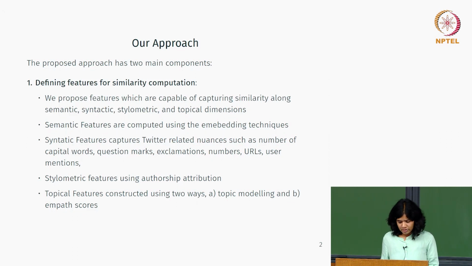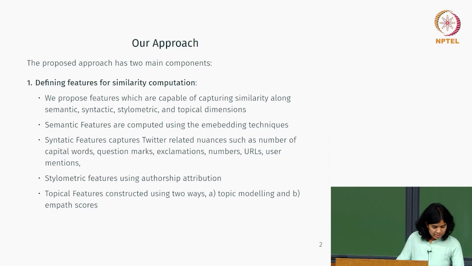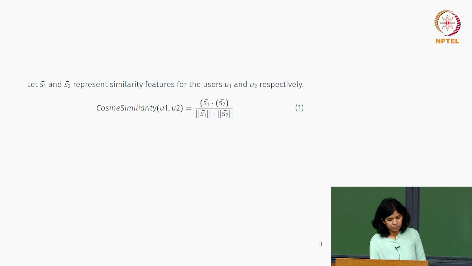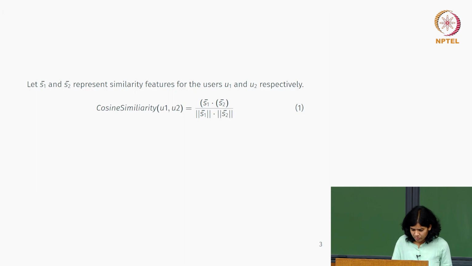And then there are the different kinds of scores you can get for the topics in the text. So these are various dimensions in which we have defined similarity. And once you have the encoding of content, you can compute cosine similarity to figure out similarity between two users.